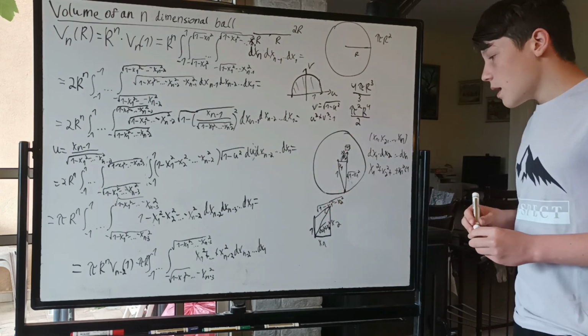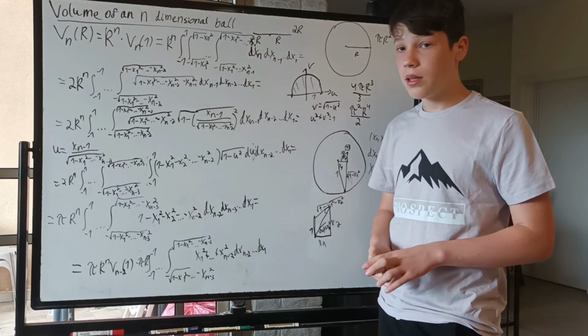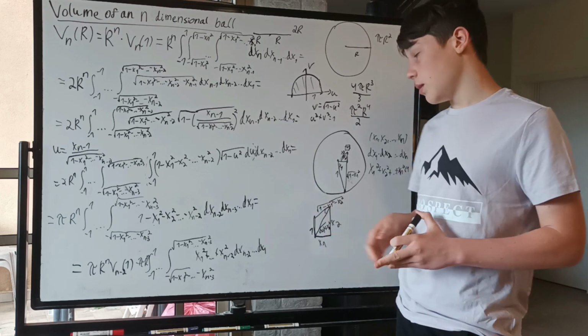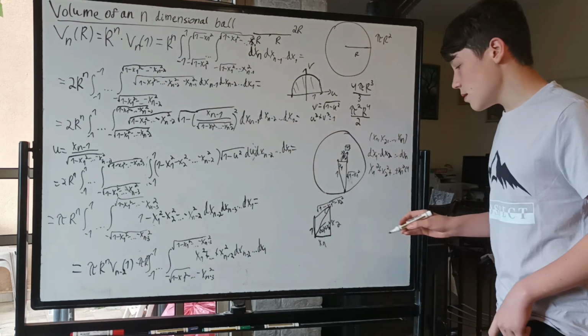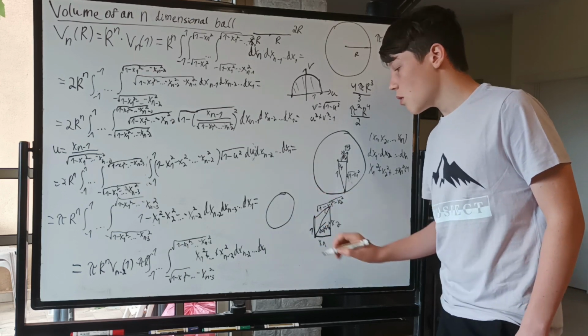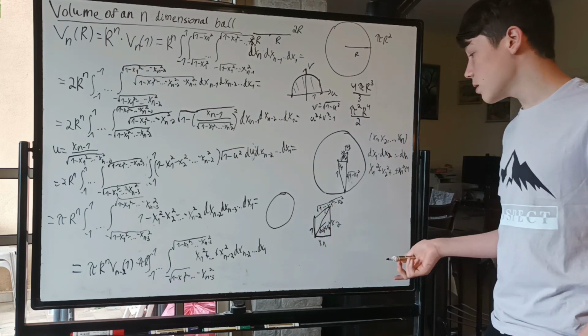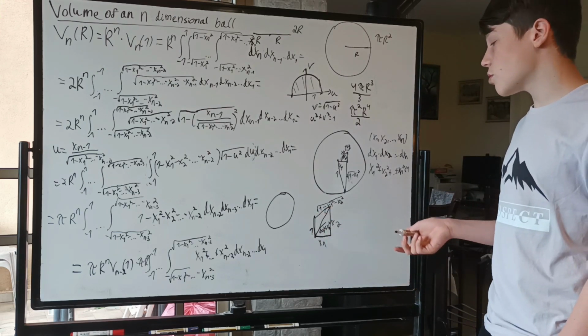So let's think about the geometric meaning of this. What does this integral actually mean? Well, it means that if we have our n ball, this is actually an n minus 2 dimensional ball.